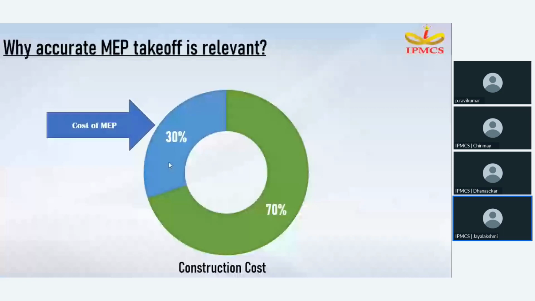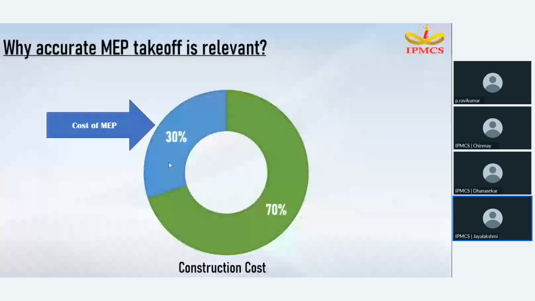So the main challenges in MEP are, first, always the complicated drawings. Second, since the drawings are very complicated, they contain a large number of elements running through the length and breadth of the slab and the walls of the building. So it is difficult to identify each and every element and quantify them. There is a chance of missing out elements and duplication of quantities.